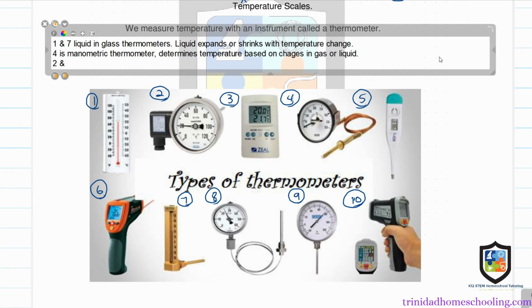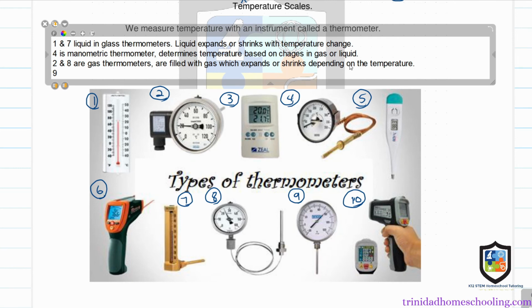Thermometers 2 and 8 are called gas thermometers, and these are filled with gas, which expands or shrinks depending on the temperature.